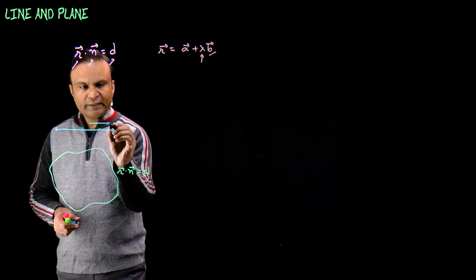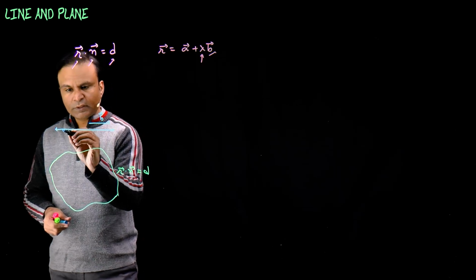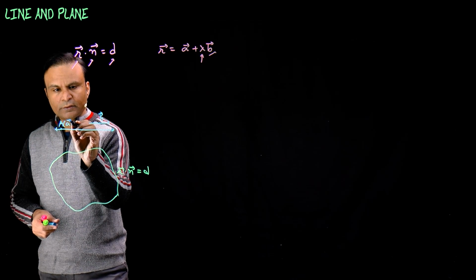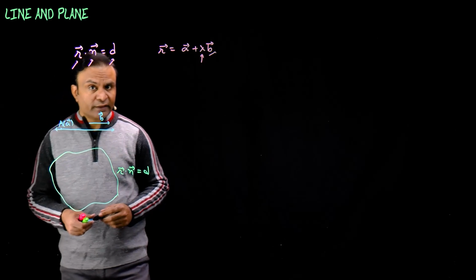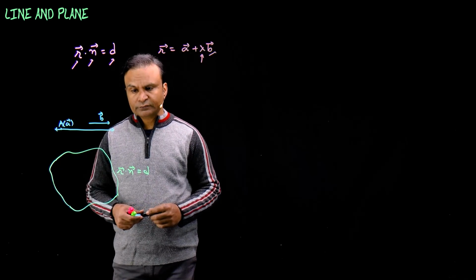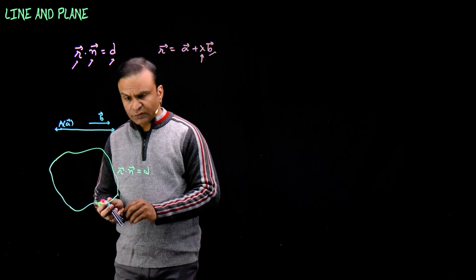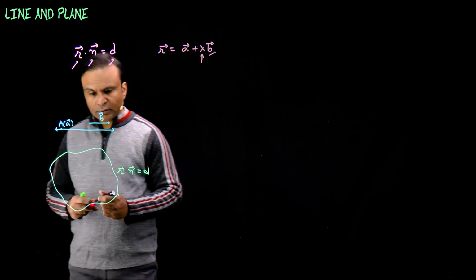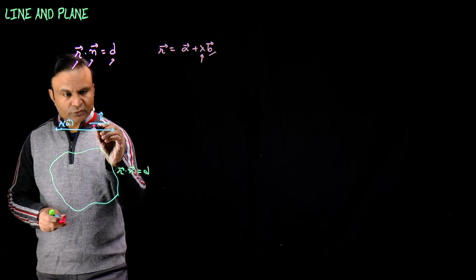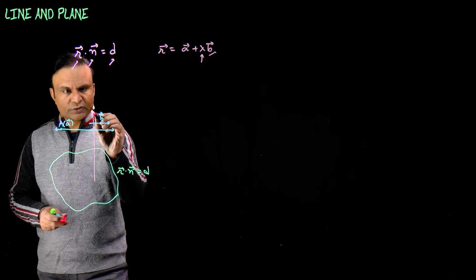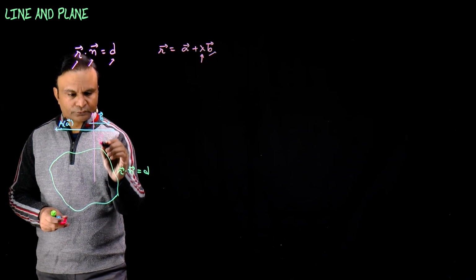Vector along this line is b, and this line is passing through point A, whose position vector is vector A. Now where is this vector n? This vector n is normal to the plane. So let's draw a vector n which is normal to the plane.